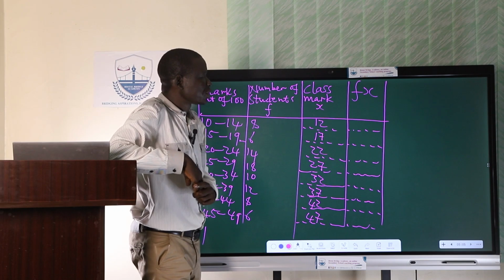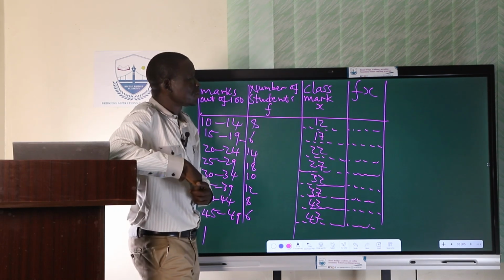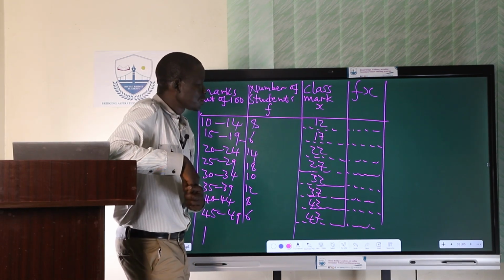Fx means the frequency values times the class marker values.